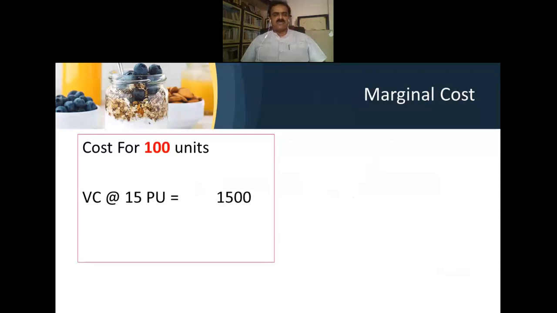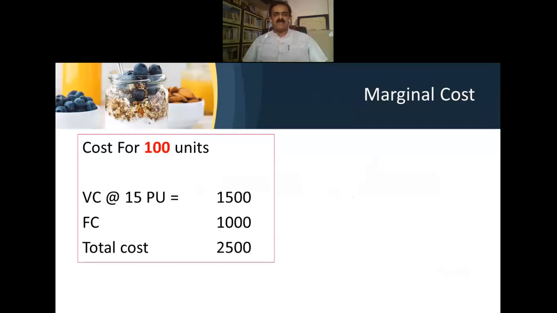Fixed cost may be, for example, 1000 rupees. So the total cost comes to 2500. Material cost or labor cost is treated as variable cost. Fixed cost, for example, is administration expenses, printing, stationery, rent and all those things. So put together, you may be incurring 2,500 rupees to manufacture 100 units.